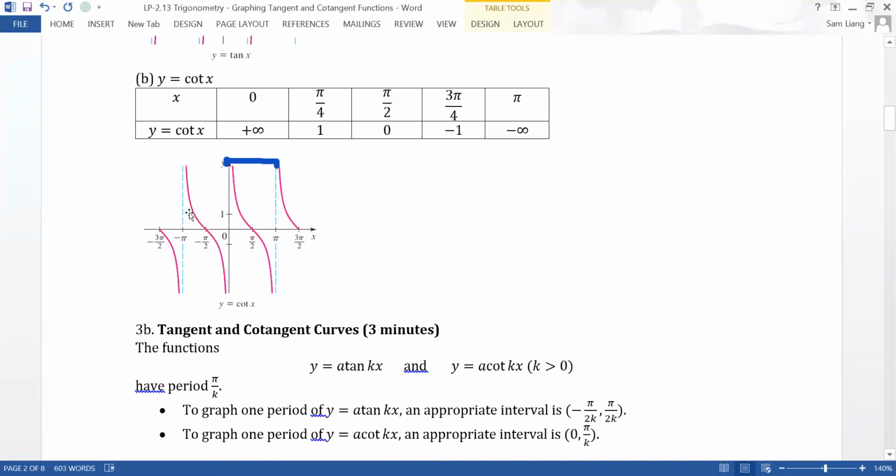I think you're talking about the pink lines, the curves. Yeah. If you graph cotangent, just like how sine and cosine repeat after 2 pi, cotangent and tangent repeat after pi. So this branch will repeat if you keep going from left to right.